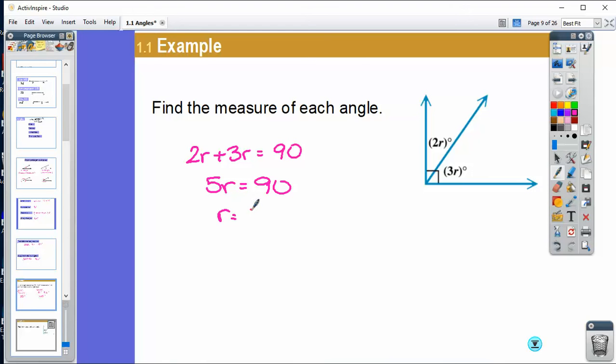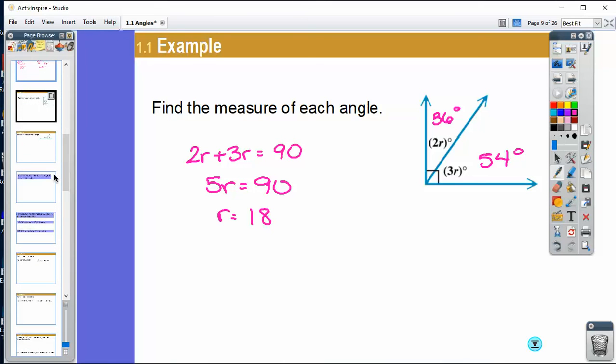Divided by 5, 18. I asked for the actual angles, so 2 times 18 is 36 degrees, 3 times 18 is 54 degrees. Any questions on that one?